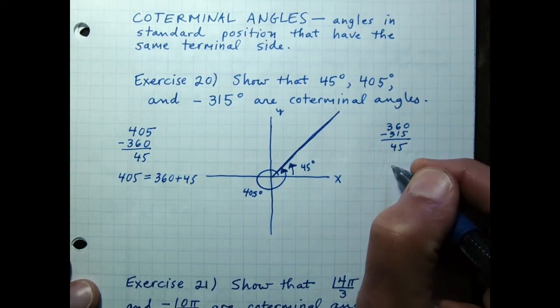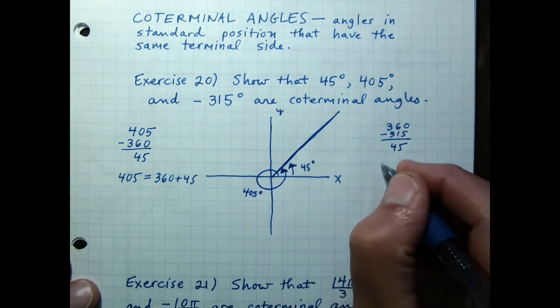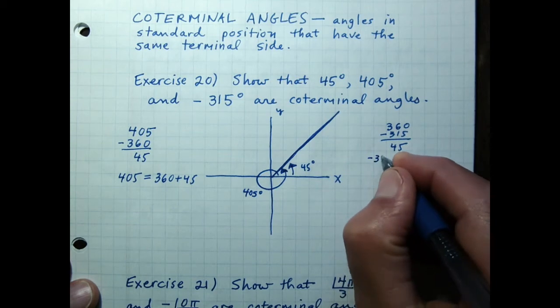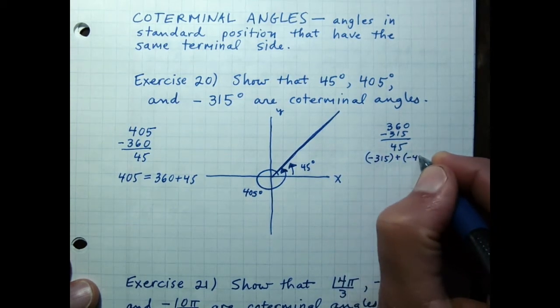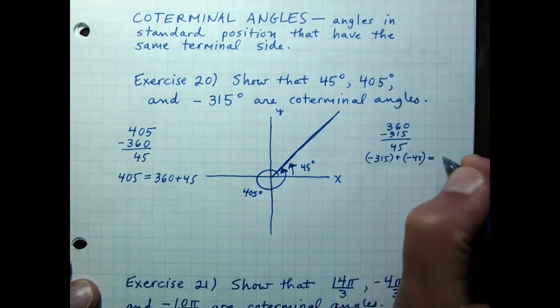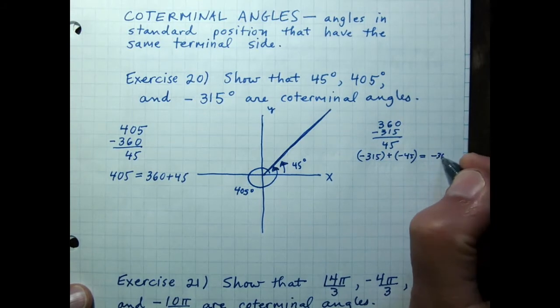So negative 315 plus a negative 45 is going to be negative 360.